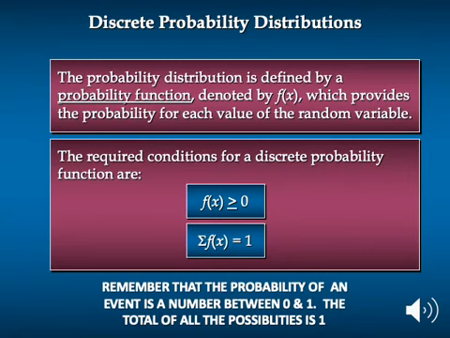So the total of all of the possibilities is 1. It's important that you realize when you're looking at probabilities, that's pretty much all that you're going to come up with, that the total of all of the possibilities equal 100%. All of the possible answers equal 100% or 1.00 of the probabilities.